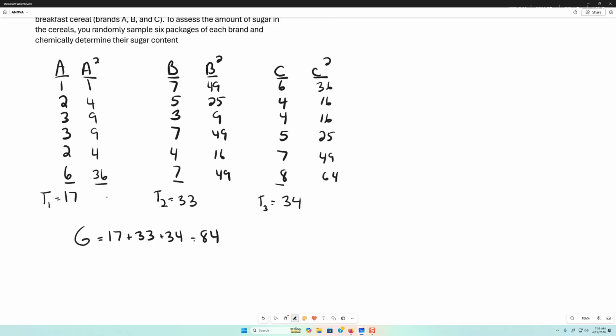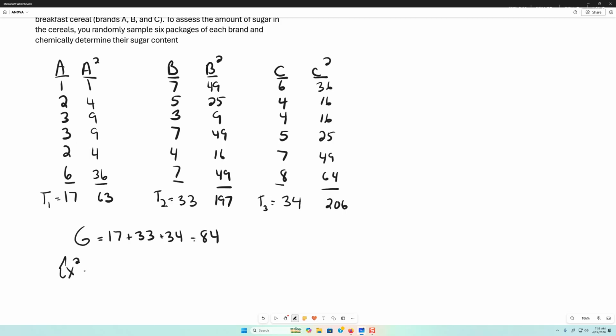So the squared of total 1 is 63. The squared of total 2, so b squared, is going to be 197. And then the squared sum of group C is going to be 206. And then we're going to add them together. And we're going to call this sum of x squared.